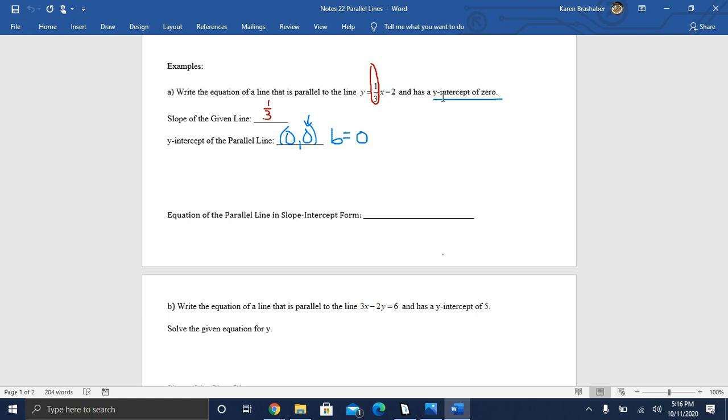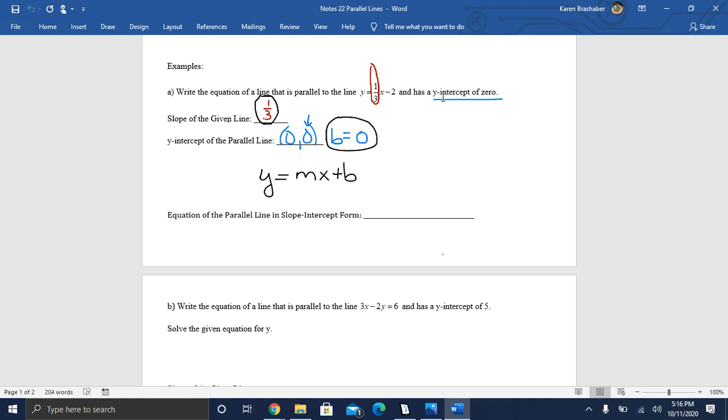Well, for our new equation, since we know that parallel lines have the same slope, we can use this slope and this new y-intercept and have our equation of our parallel line, y equals mx plus b.